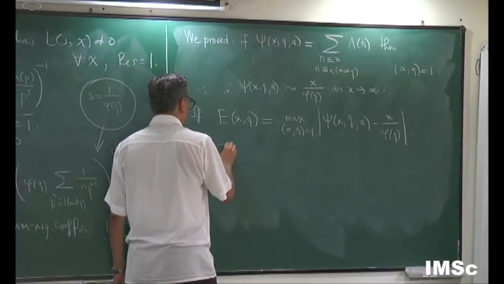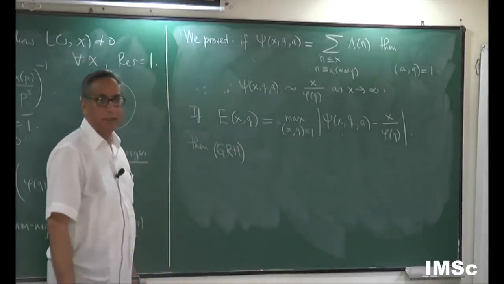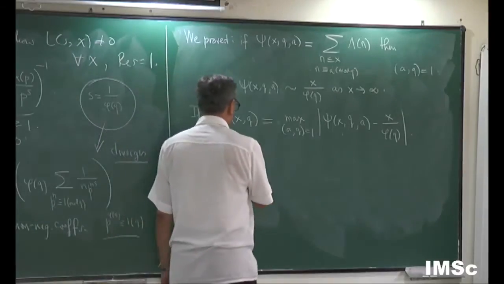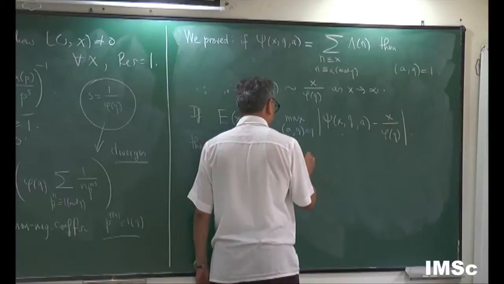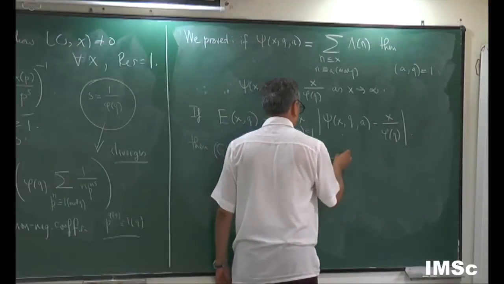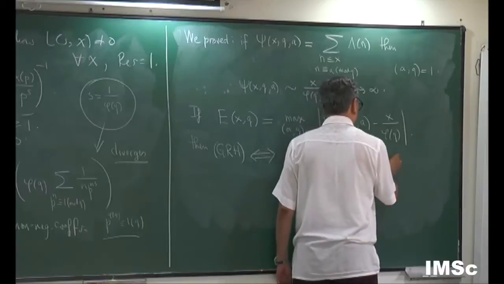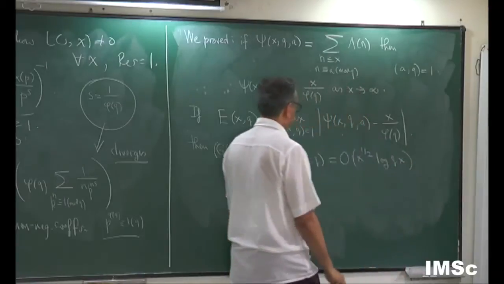what's called the generalized Riemann hypothesis, namely all the zeros of the L-functions are always on the line real part s equals a half, that's the generalized Riemann hypothesis, is equivalent to the statement that E(x; q) is O of x to the half log x log qx.